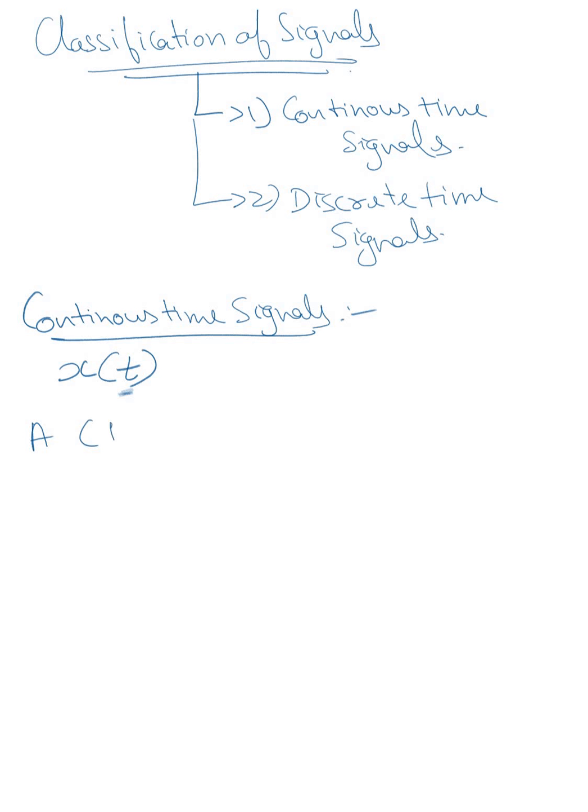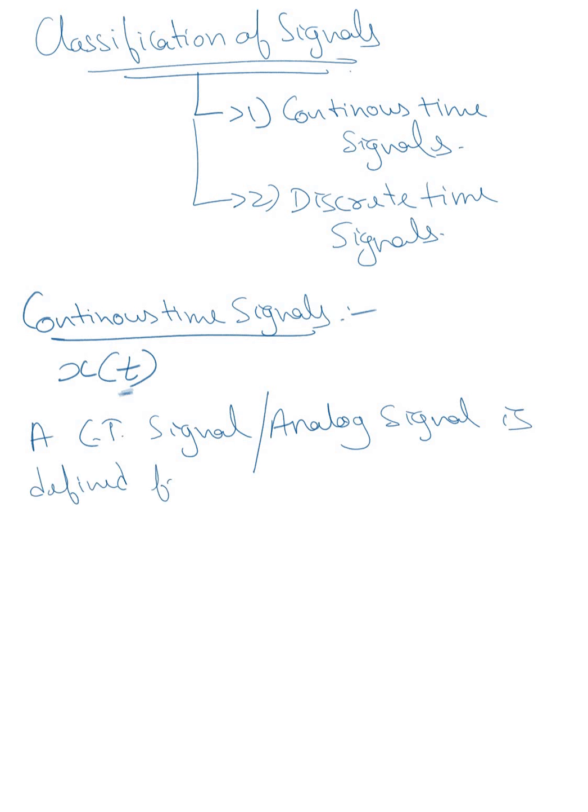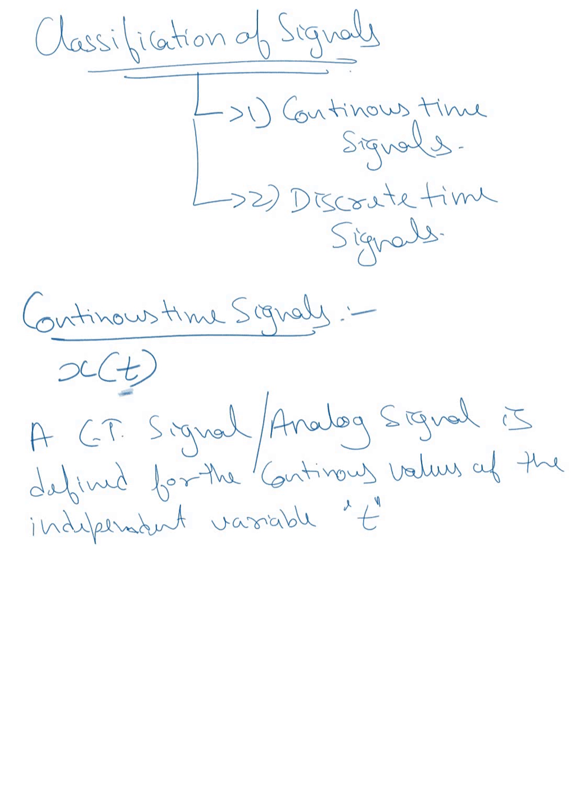So a continuous time signal is defined for the continuous values of the independent variable, which is time t. Continuous values means the infinite number of values of the independent variable t.